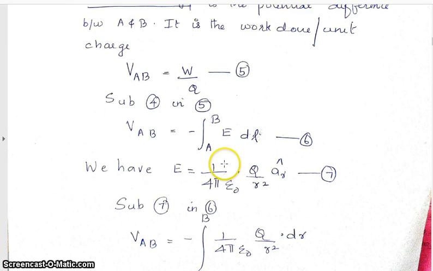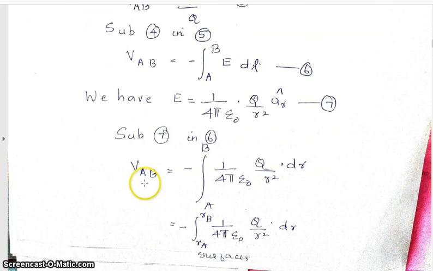Then we already studied the expression for electric field intensity as E is equal to 1 by 4 pi epsilon 0 Q by R square unit vector aR. Then I am going to substitute this 7 in 6. So when I am substituting 7 in 6, this dL will become dR, because here the term we are using is R, not L. So I am slightly rearranging the expression.